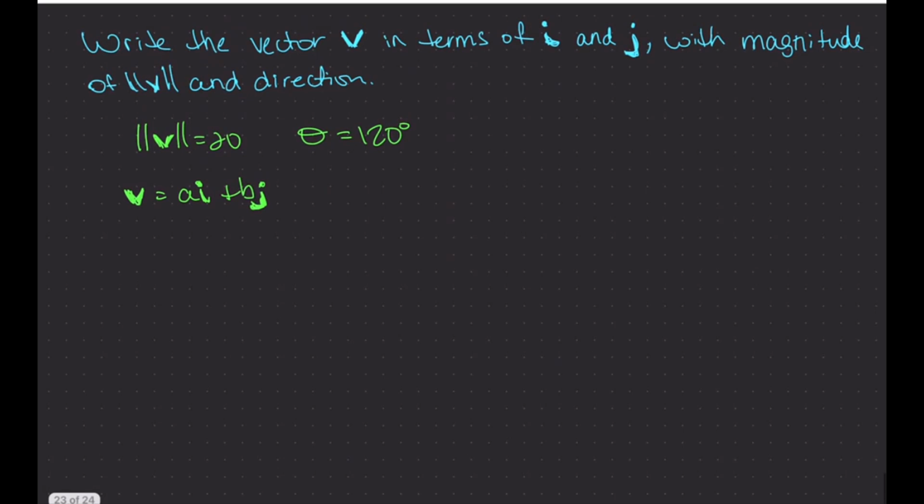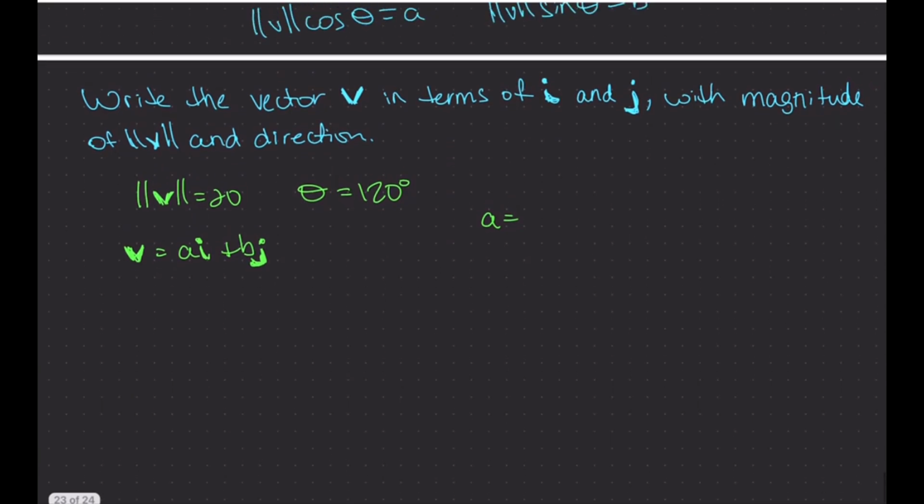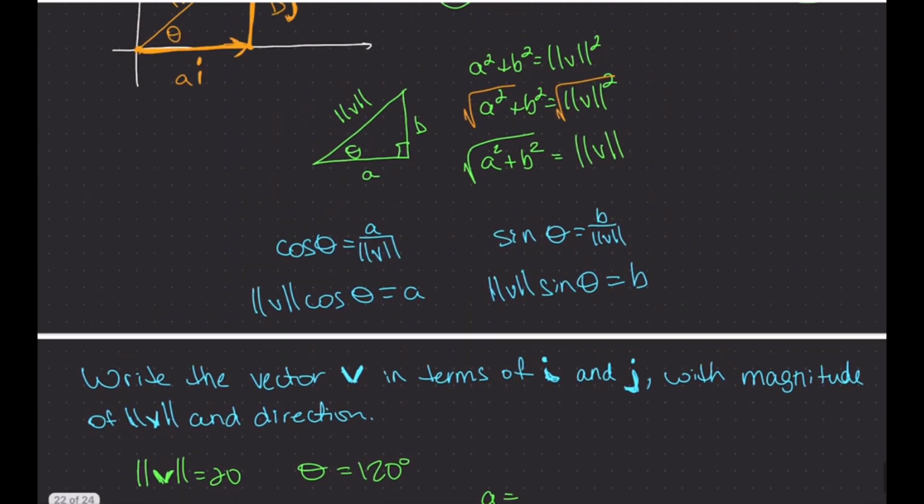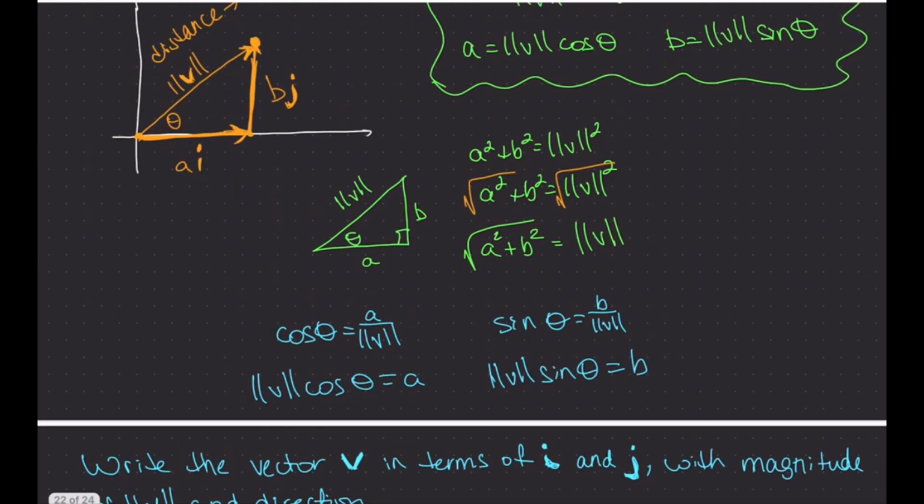So, do we know our A or our B right now? No. But do we have a little formula to help us find our A's and our B's? Yeah. What did we say A equaled? Yep.